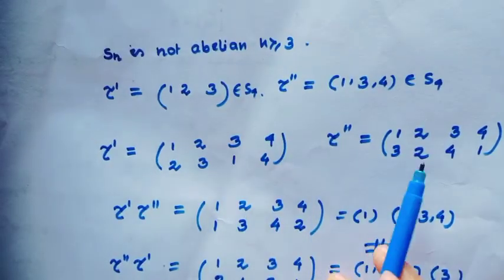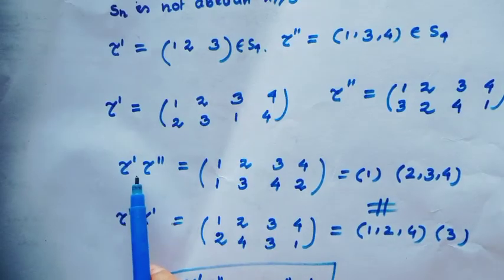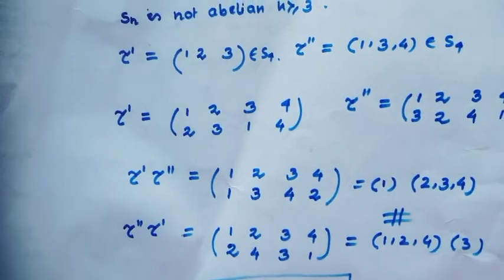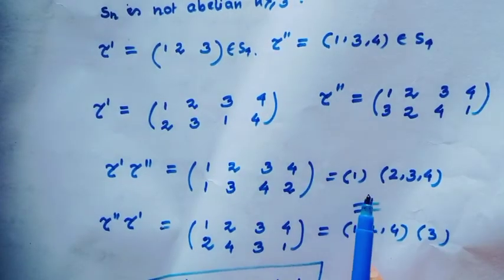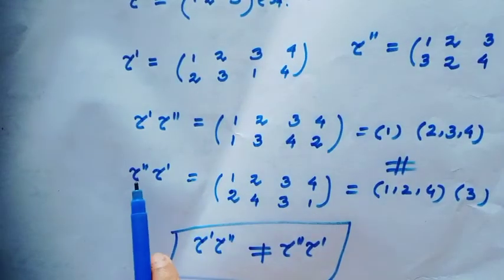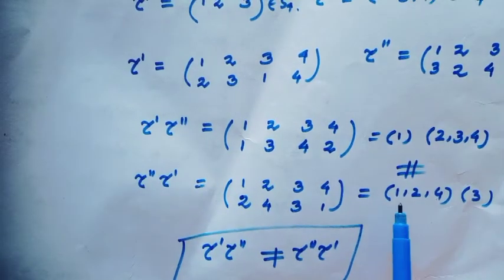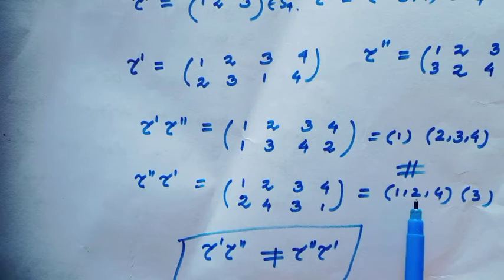If we multiply tau dash with tau double dash, then after multiplying I will get this result. Similarly, if we multiply tau double dash with tau dash, then after multiplying I will get this result.